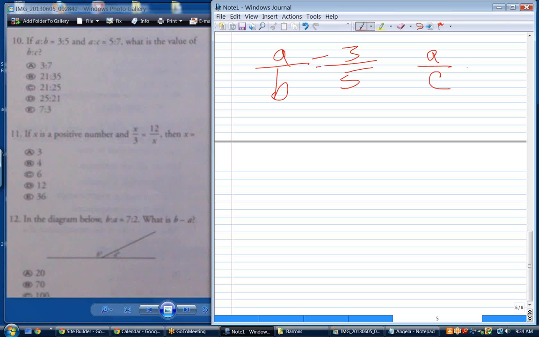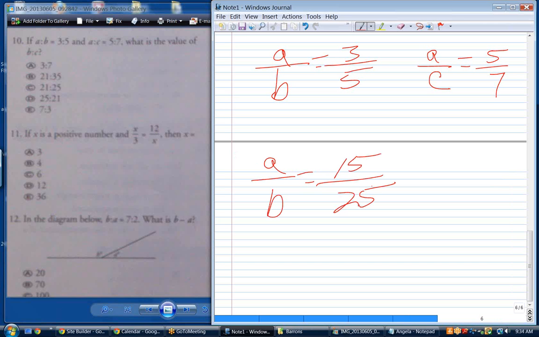Okay, so for 10, I want to make the A's equal. The way I do these ones is I made A equal, so I multiplied A by 5 and B by 5. So now you have A over B equals 15 over 25. Correct. Okay. And then I multiplied C by 3, which equals 21.